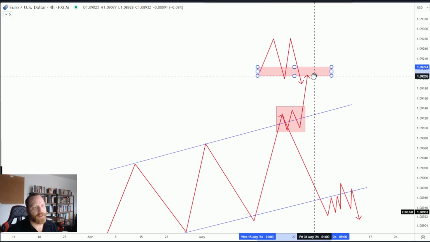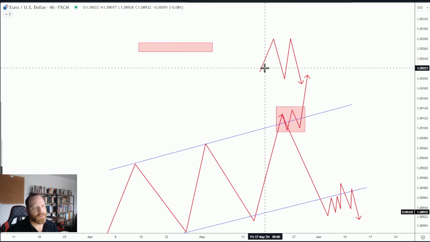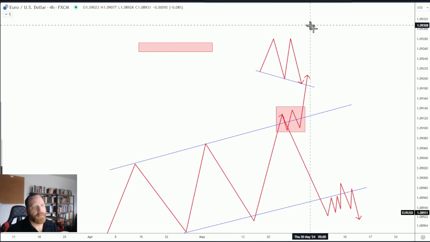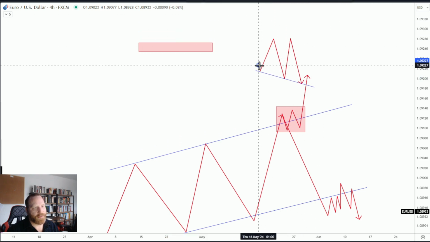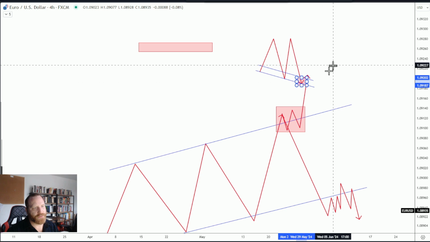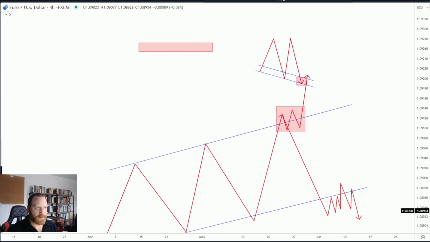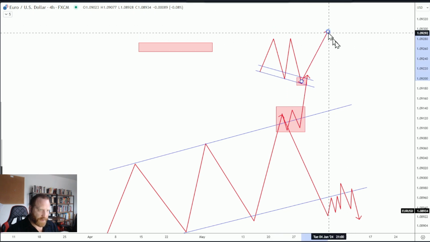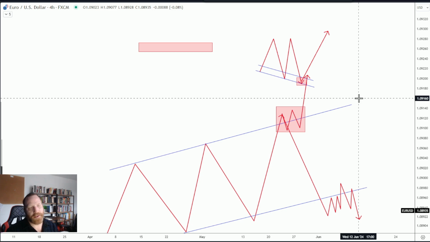That could work as well. So all you do is you trace a line, and then you figure out, okay, if it goes there in that zone over here, I will look for opportunities to buy the bounce. And this is what I call a bounce trade.